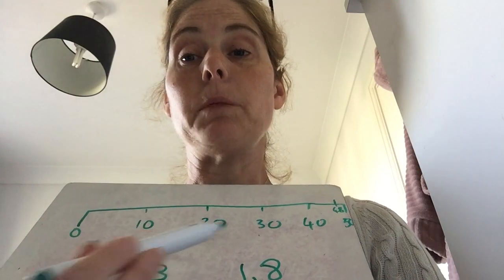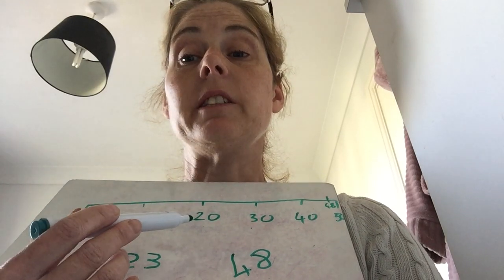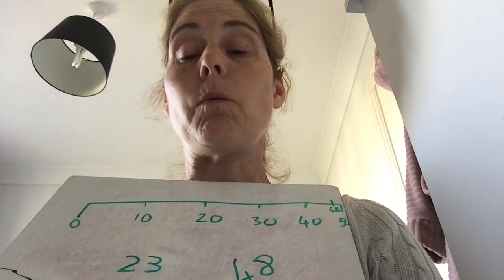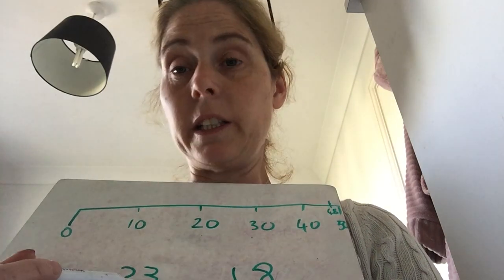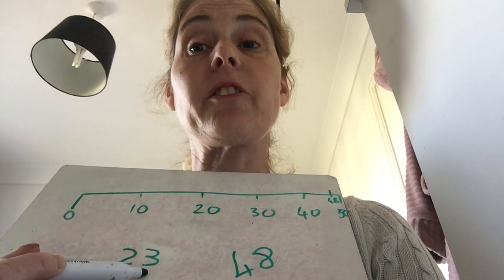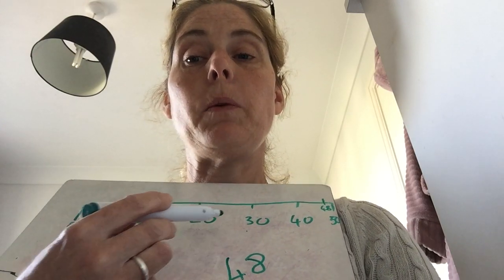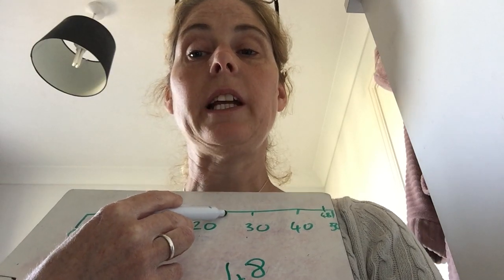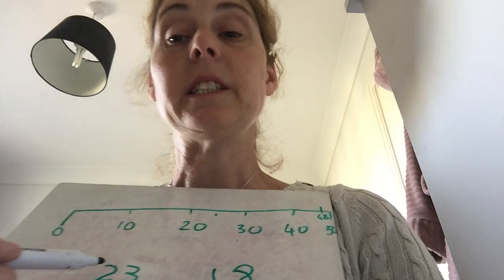Now is it going to come nearer to the 20 or nearer to the 30, and why? This is where we look at how many ones it's got, and it's only got 3 ones. Remember we said about the 5 being in the middle here, and 3 is before 5, isn't it? So that means it's going to come closer to the 20. So it's going to be about here.